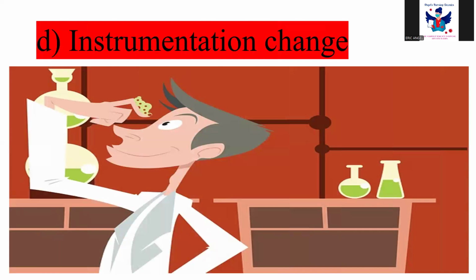Next, instrumentation change. Another threat related to measurement is that of instrumentation. This bias reflects changes in measuring instruments or methods of measurement between the points of data collection. Instruments like thermometer, sphygmomanometer, weighing scale, tape measure, and so on should be checked for their accuracy at regular intervals.